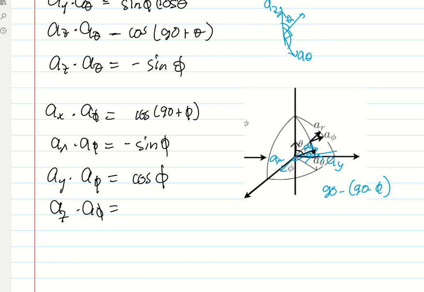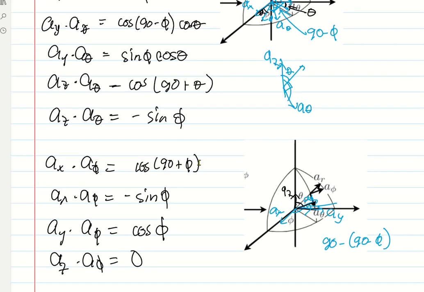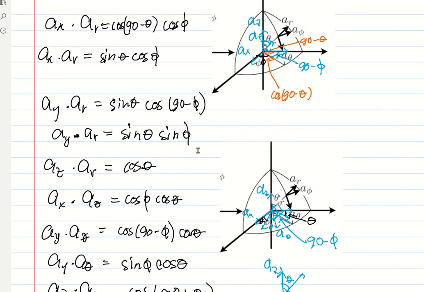They are perpendicular to each other because a phi is in the xy plane while our az is going upward. So this should be equal to 0 because they are perpendicular. Just like ay and ax, they are in the same plane, the xy plane. So these are now the dot products of rectangular unit vectors and spherical unit vectors.